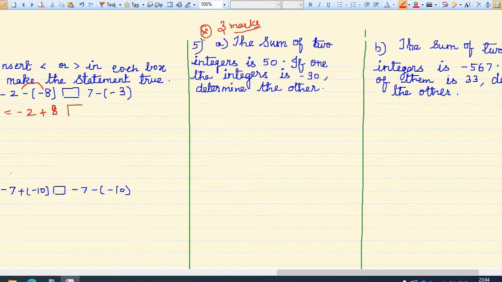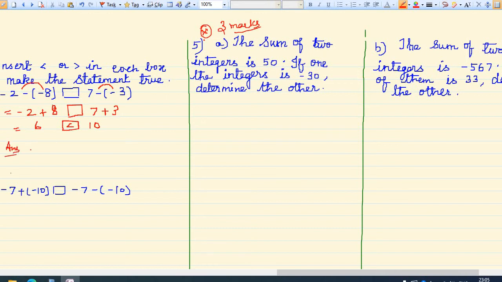Make a box. And minus into minus is what? Plus. So 7 plus 3. Now listen, 8 minus 2 is what? 6. Make a box. 7 plus 3 is what? 10. So 6 is greater or 10 is greater? 6 is greater. So now write the question.